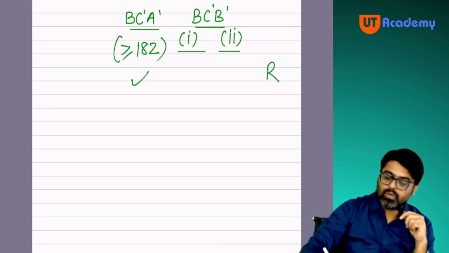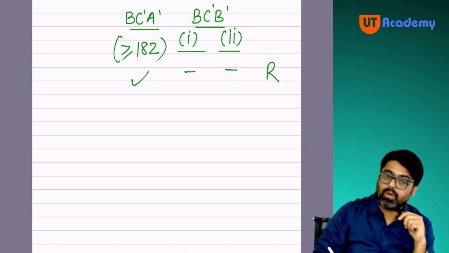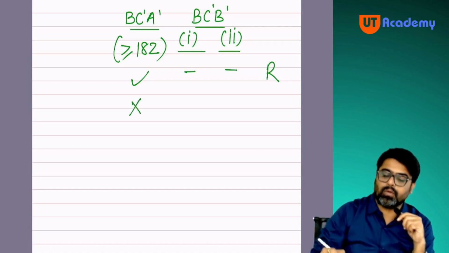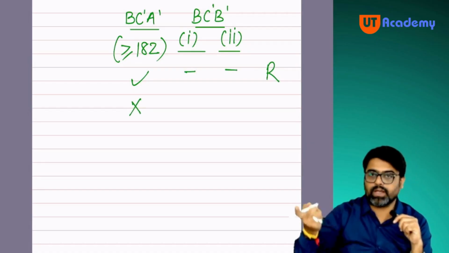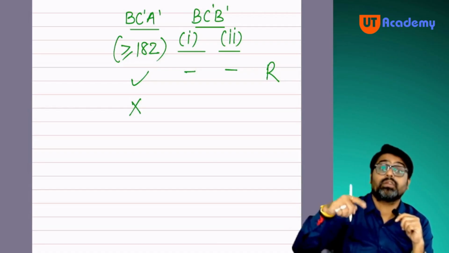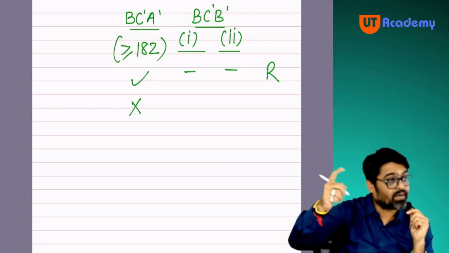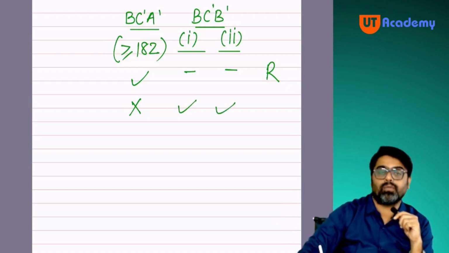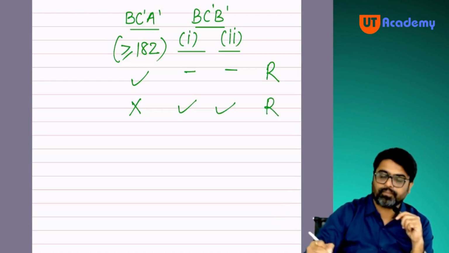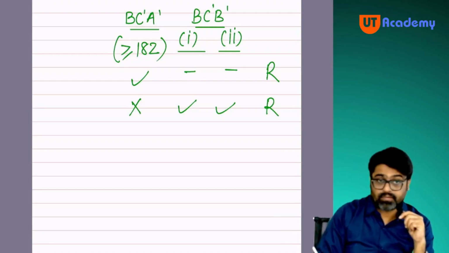Very good. No need to check B. If this is not fulfilled, then you will check B: 60 days or more, and 365 days or more. Both must be fulfilled. Yes or no? Then you are a resident.